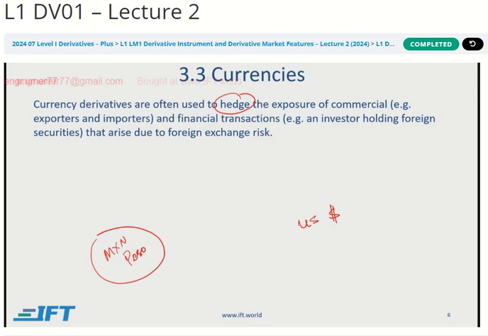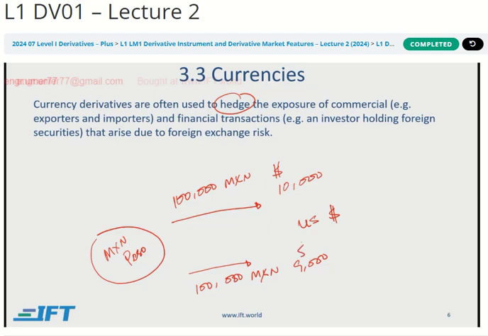So let's say we are worried that we're going to get back 100,000 Mexican pesos, and currently that converts to, and I'm just giving you a rough estimate over here, let's say that converts to 10,000 US dollars, and we are worried that later on the Mexican peso might become weak and we will only get maybe just 9,000 US dollars.